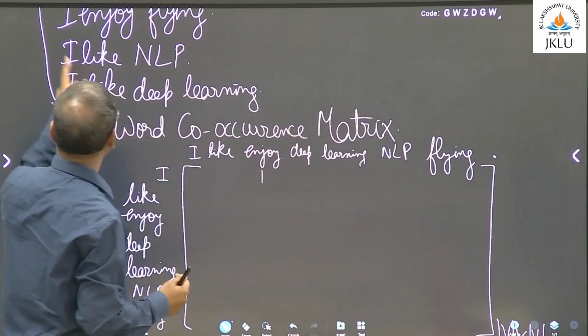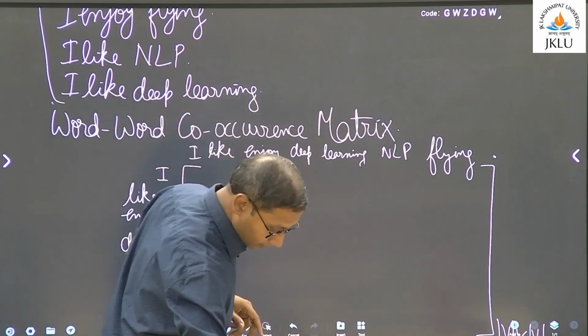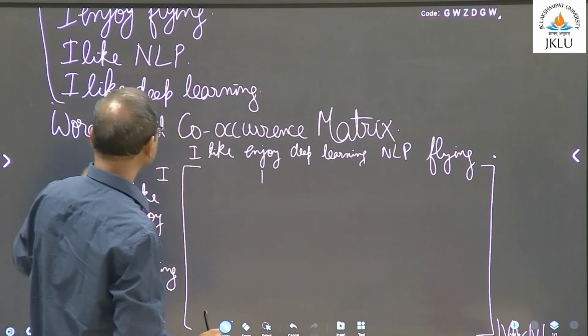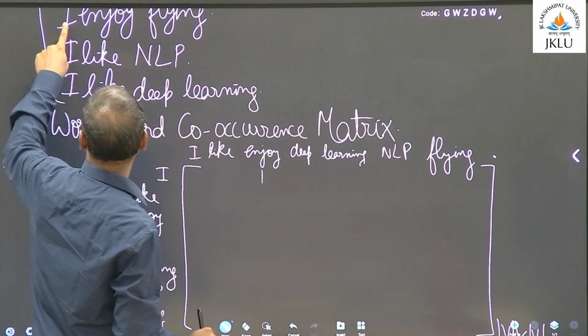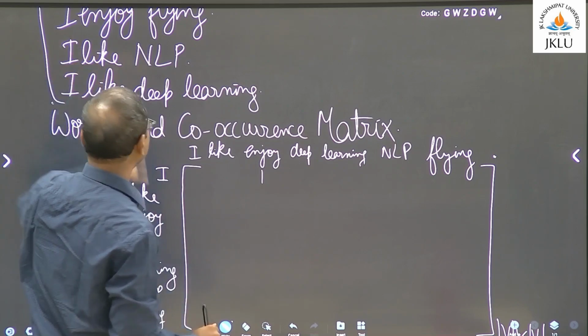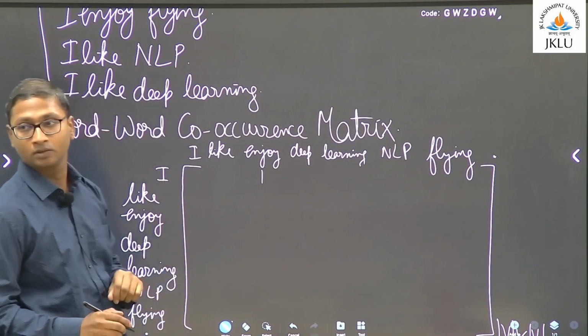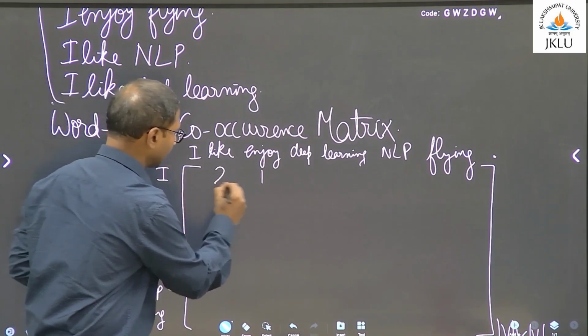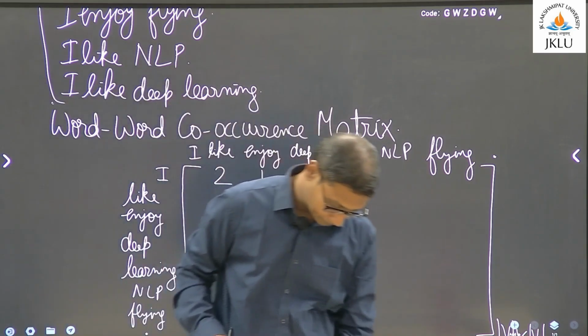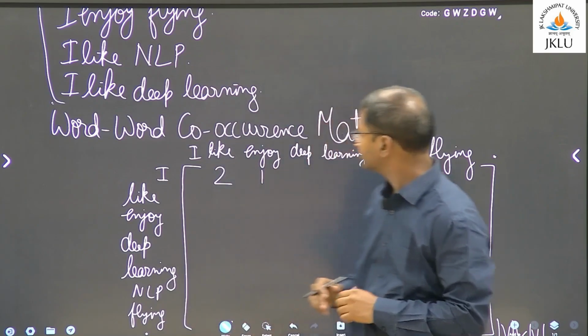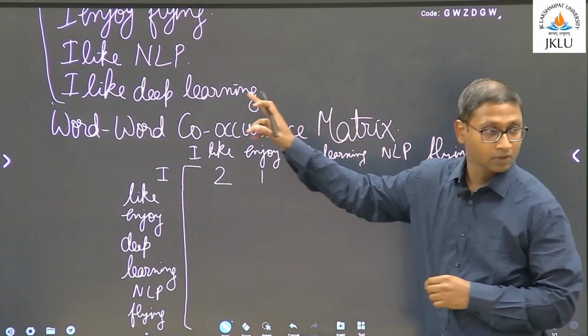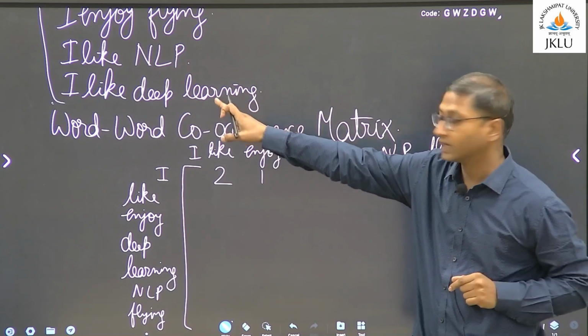Now who else comes in the window of I? Like, and how many times? Like comes 2 times. Any other? Deep, window size is just 1, so does deep come?